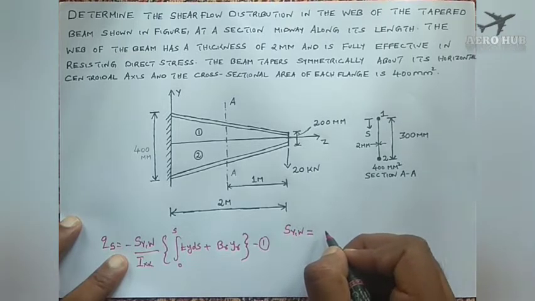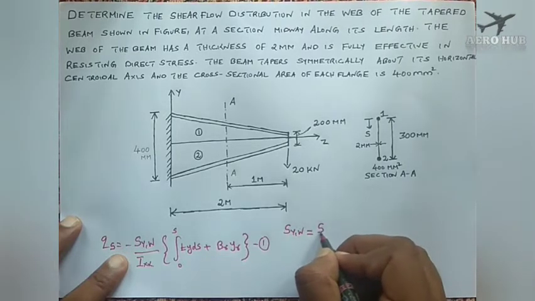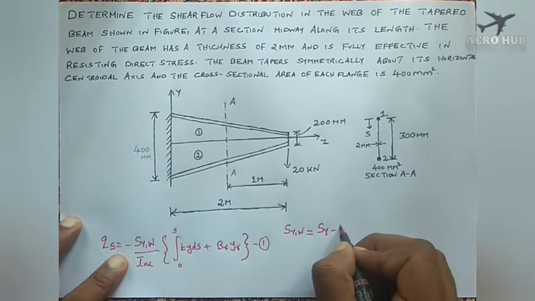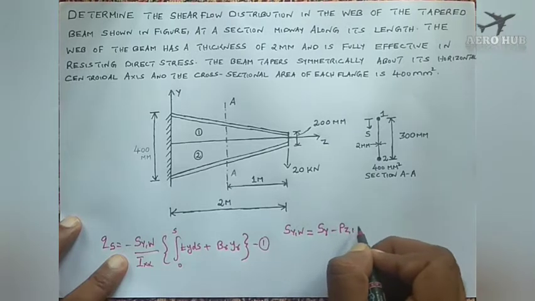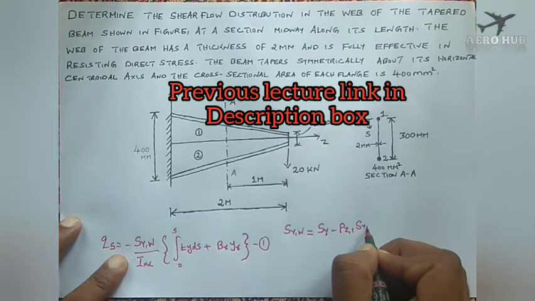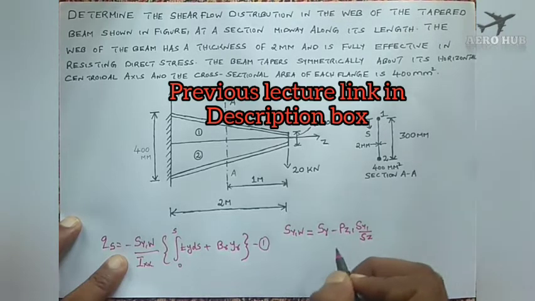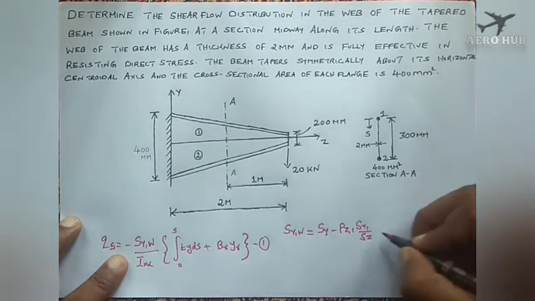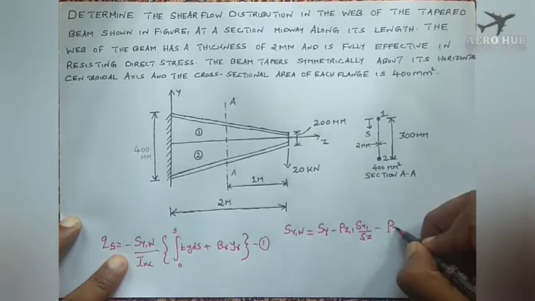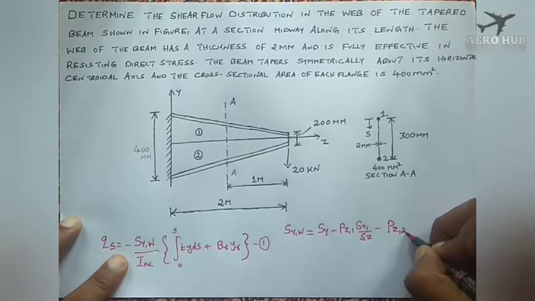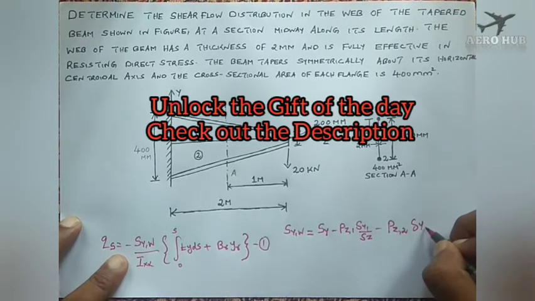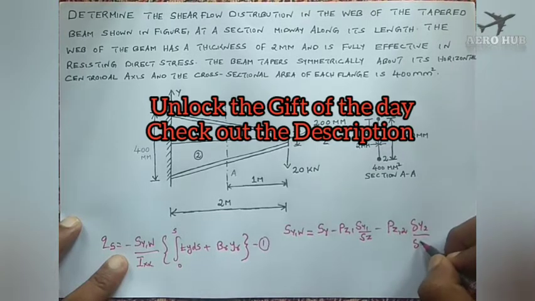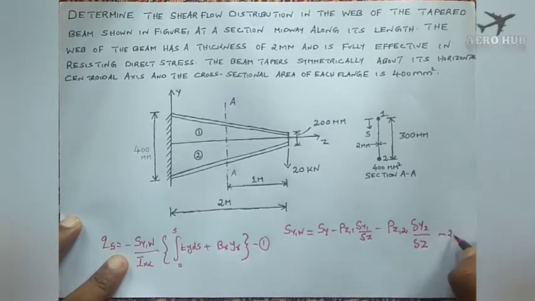Sy of web is equal to Sy, the total shear force, minus Pz1 delta y1 by delta z, minus Pz2 delta y2 by delta z, equation number 2.